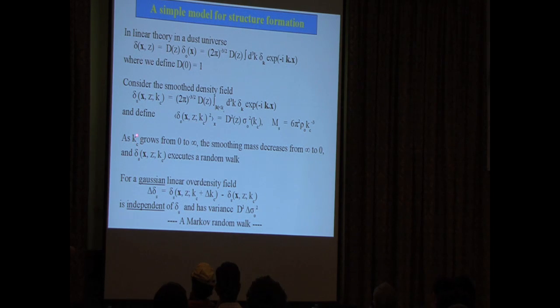You start with Kc small, so very large wavelength, a very high smoothing, and you increase it all the way to infinity, so you put the whole information in. The mass decreases from a very large value to 0. And the value of the density you get at any particular point will execute some kind of random walk. It will fluctuate as you add more and more waves in.